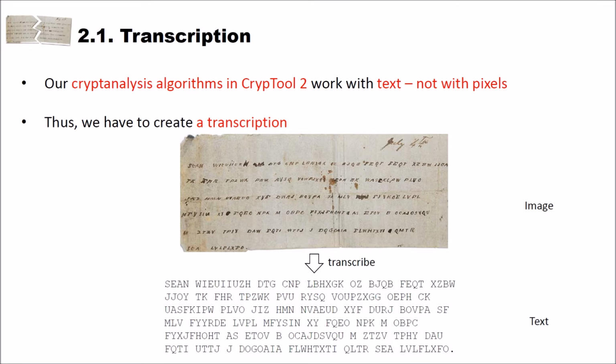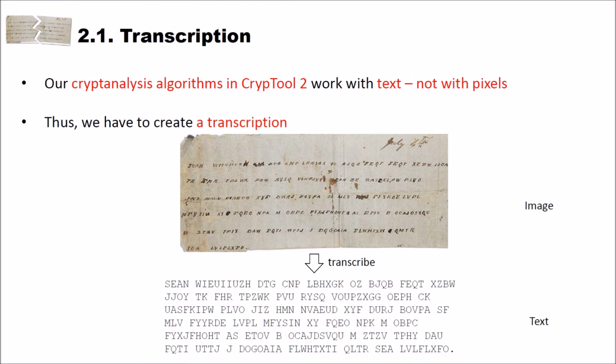Now let's have a look at the first step when we want to break such a ciphertext. And of course, our cryptanalysis algorithms in Crypto2 and probably every other tool that you may use work only with text and not with pixels. And we have here, of course, a scan or a photo of the original ciphertext, and the first thing we have to do is to create a transcription.